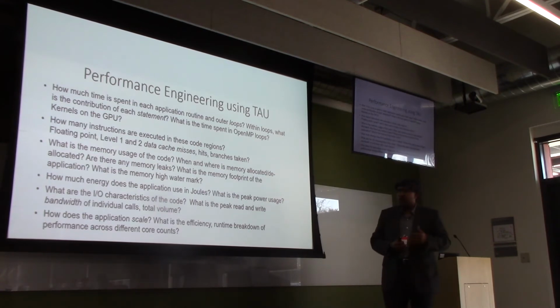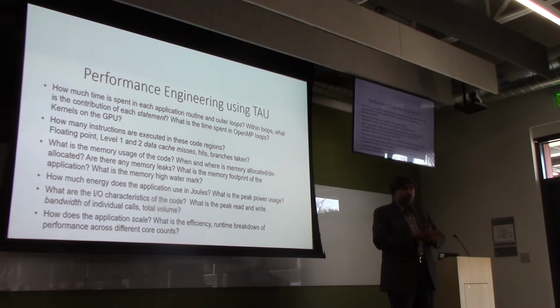You can see what is the high water mark for your memory allocation. So if you're wondering where your memory goes up and down, what is the max it ever reached in the kernel? You can set an environment variable in TAU, and it will show you precisely what is the peak memory usage. You can also assess the energy usage in your code. You can look at the I/O characteristics. Very simply, you are processing a lot of data.